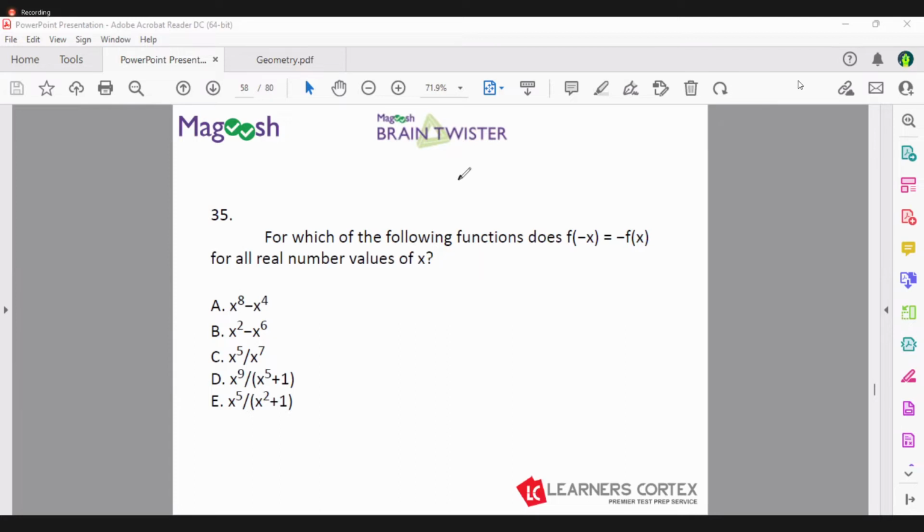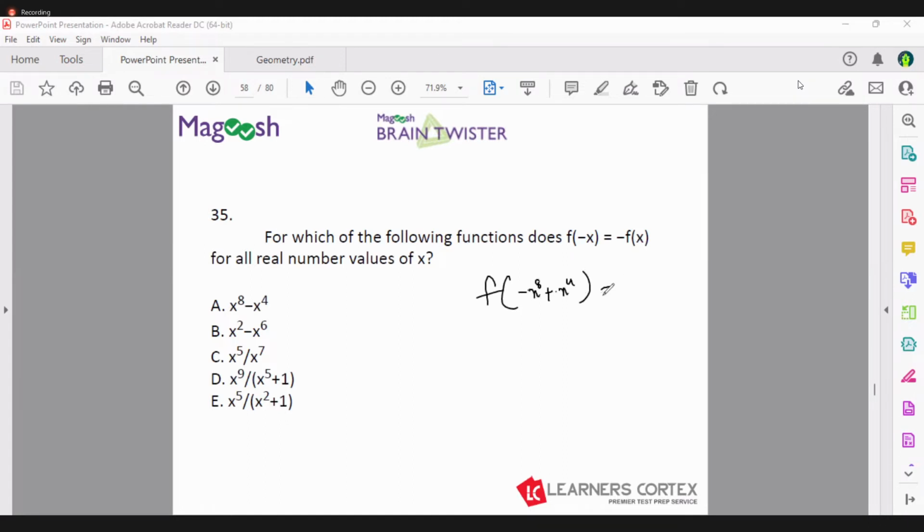Like here, if we put the value of x as x to the power 8 and minus x to the power 4, this function will give us the answer minus x^8 and plus x^4. However, if we put minus here, this becomes minus x^8 and plus x^4.